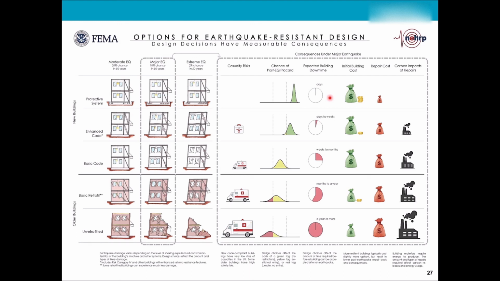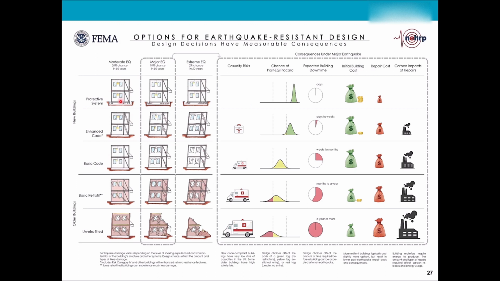Now, if that supermarket or mall is based on an unretrofitted old-style building, years or more can be taken to rebuild your building under the major earthquake. Remember, it's not collapsed yet. We are talking about the major earthquake, not the extreme earthquake. So we have extensive damage, so there is a chance that we can repair it and rebuild it.